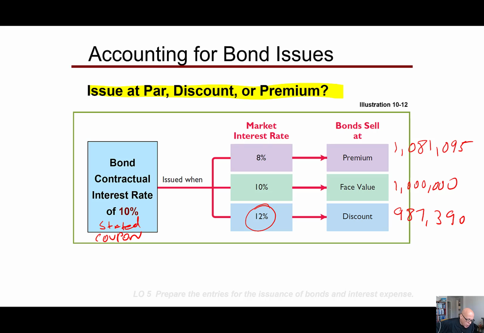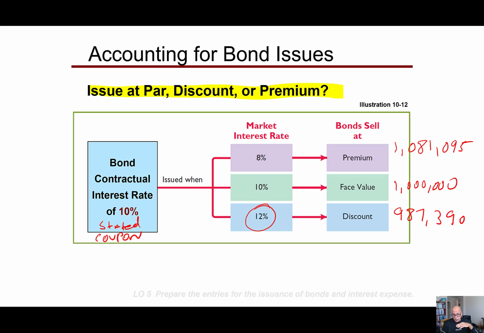Okay, so again, just think through this, because I may ask you a couple questions like this. You'll see in the practice midterm, and on your actual midterm, I'm going to ask you a couple questions like this. If the market rate of interest is more than the contractual stated coupon rate of interest, 12% versus 10%, the bond issues at a discount, not a premium, at a discount.